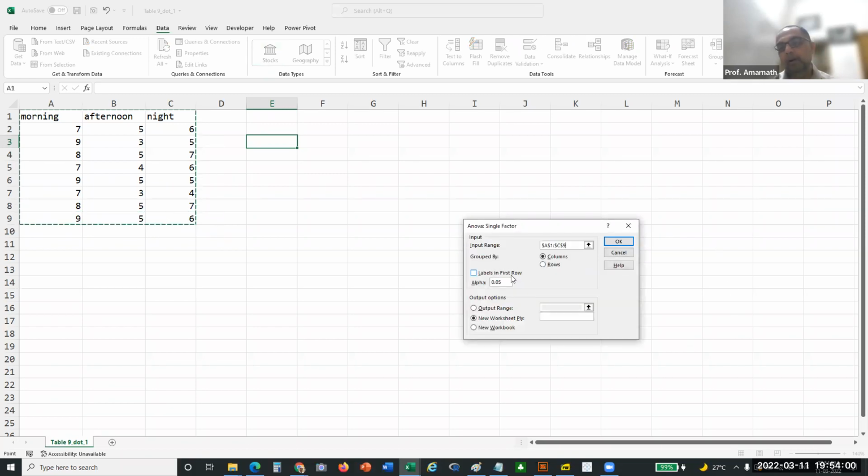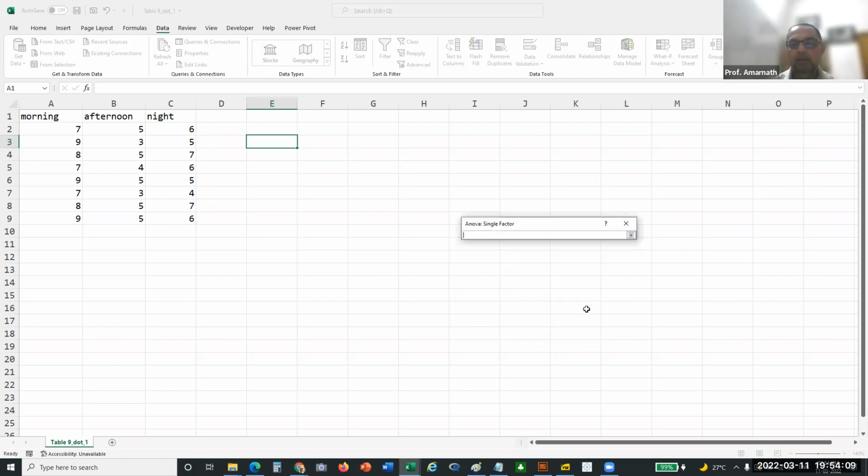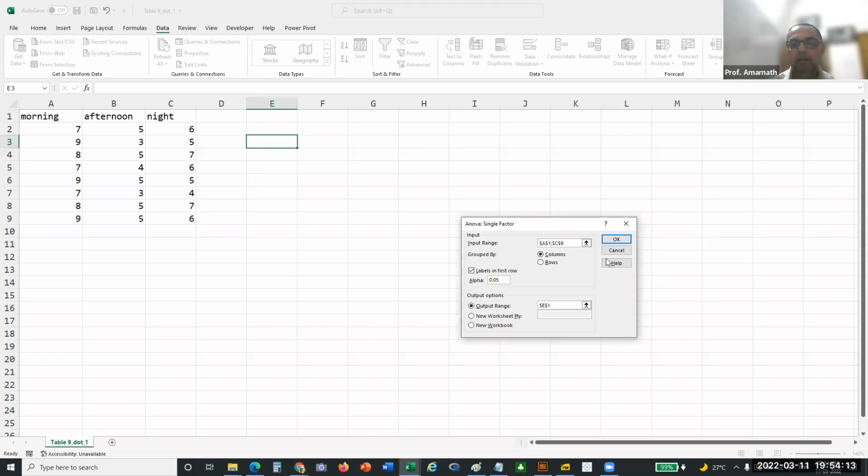So it is grouped by columns. It is 3 columns: morning, afternoon, and night. Labels in the first row, output range. Let me put it here. And I say OK.